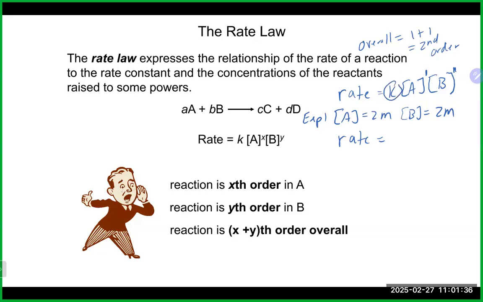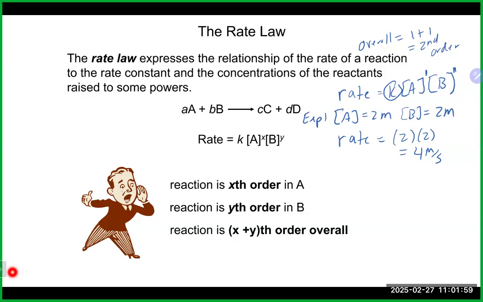It's not going to change in any of these calculations, so I'm just going to ignore the number for K. I basically will have 2 times 2, which would give me 4 molar seconds. Obviously the seconds part would come from the rate constant, which I'm ignoring. I would basically have a rate of 4.